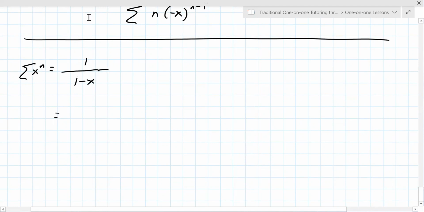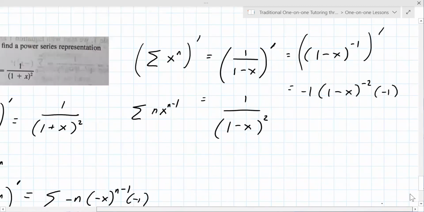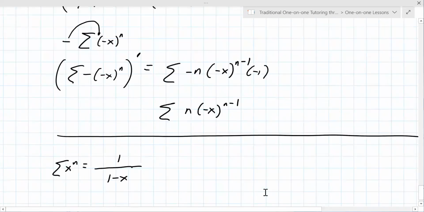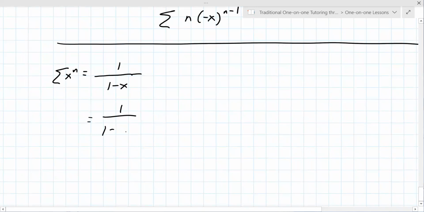The derivative of this is 1 over (1 minus x) squared, and that's sigma n x to the n minus 1. We have to start with an understanding of that. Okay. So again, a more basic problem is, well, we kind of already did that. Well, so let's keep going. Well, no, that's no good either.